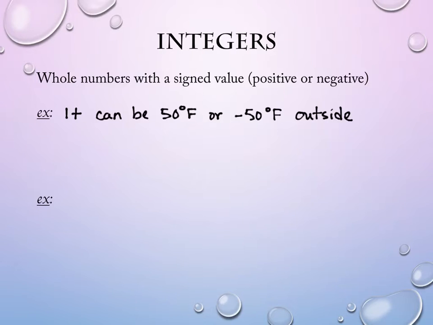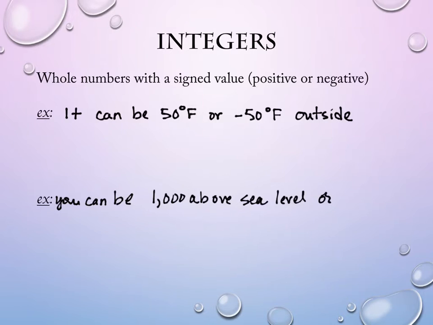Another example is something like this. You can be 1,000 feet above sea level or negative 1,000 feet above sea level.